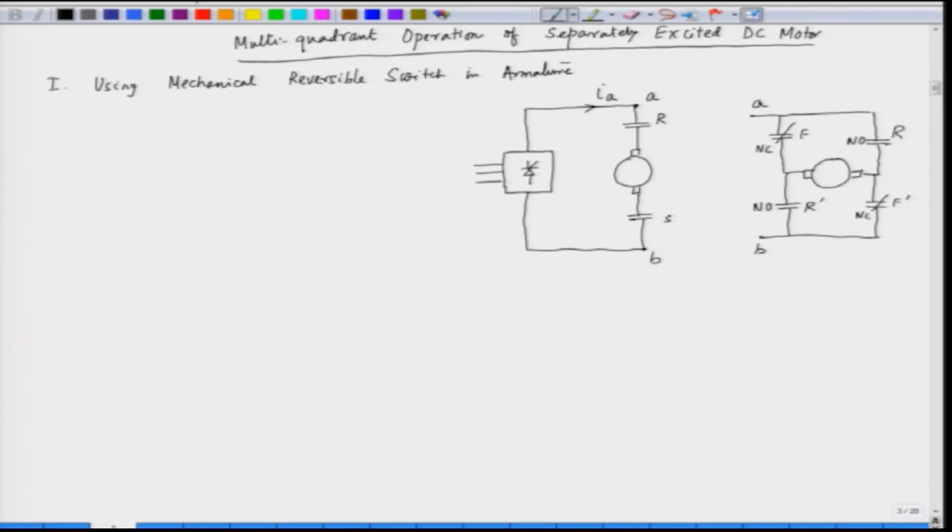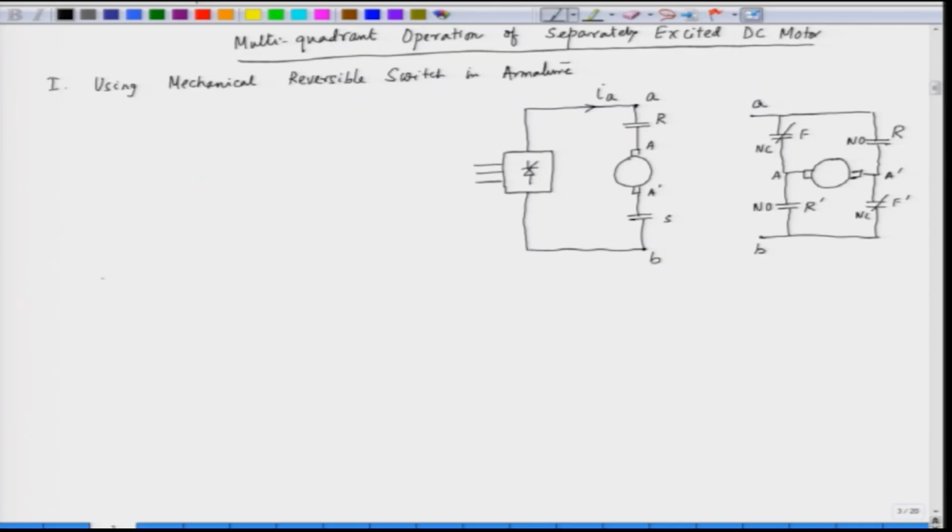In that case the current through the armature will be reversed. For example, A prime is connected to A and A is connected to B if R and R prime are on.